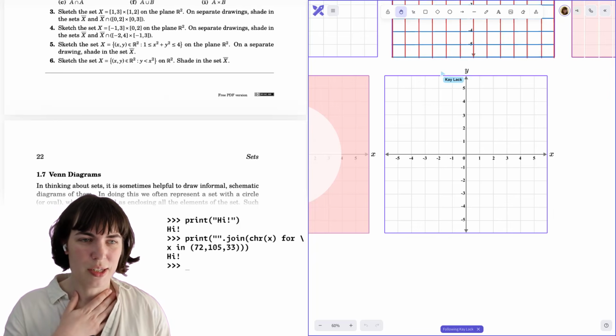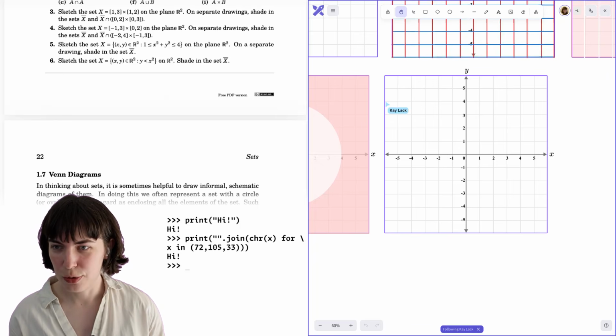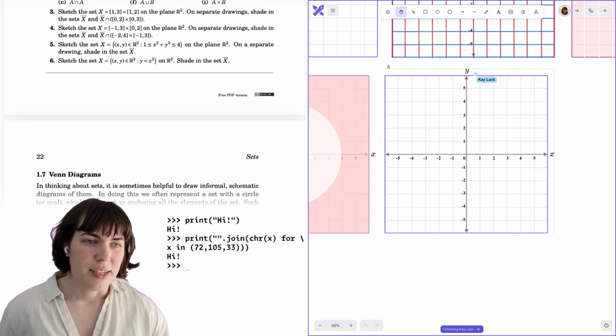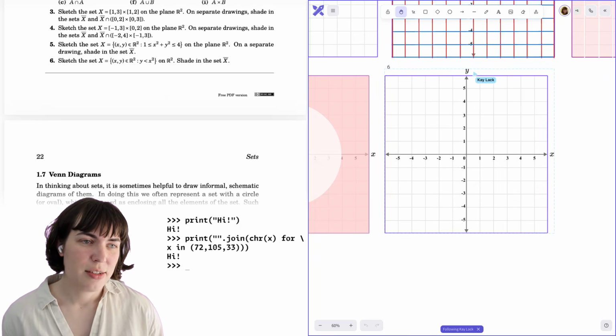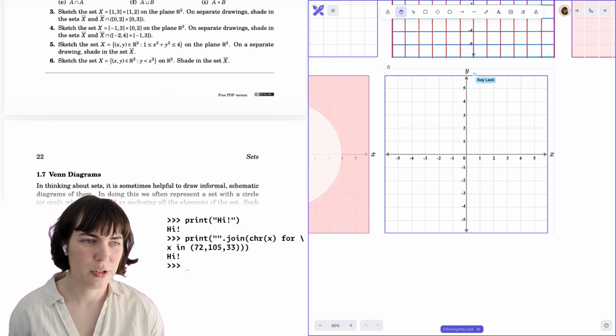Okay, now number 6. Sketch the set. This looks distressingly short for a final question in the series, doesn't it? Six. Sketch the set X equals coordinates where y is less than x squared, in R squared.